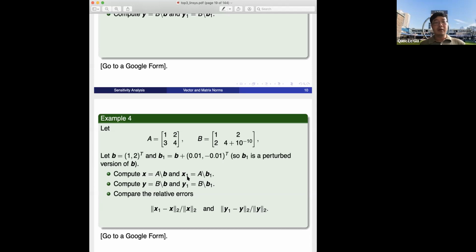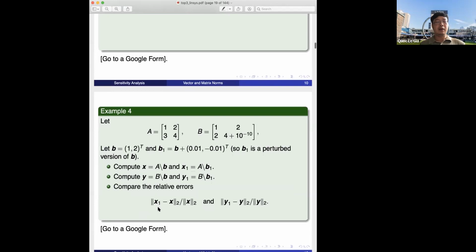Then you do the same thing for the matrix B. And then you compare the relative errors. So the relative error is the two norm of x1 minus x over x. So what is the relative error when you introduce the noise into the vector b? And this is the relative error of the vector y1 when you introduce the errors in the matrix B.